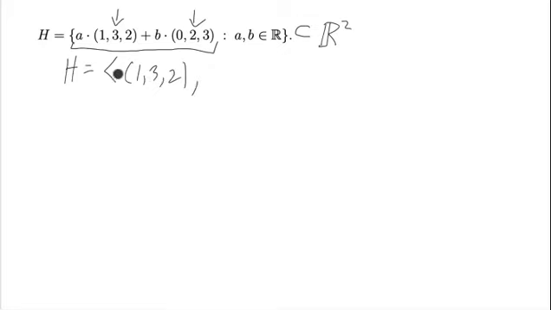This is spanning notation, and it simply means that we're looking at all linear combinations of these vectors here. Now, the span of a set of vectors is a subspace. So essentially what we're going to do is verify that using the criteria that we have for something to be a subspace.